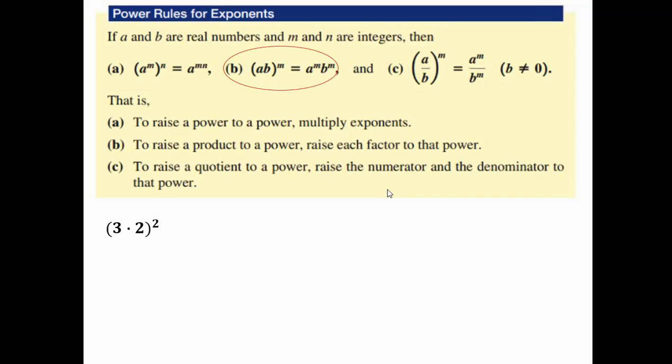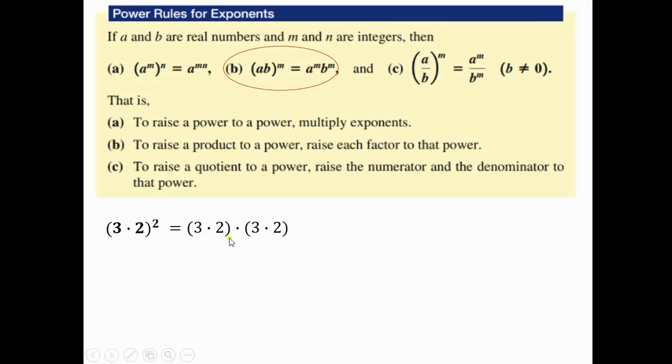So, 3 and 2 are some of my favorite numbers to use because we're all familiar with the multiplications of these particular numbers. So I really like to use these numbers. Anyway, we've got a product here, 3 times 2, the quantity 3 times 2 raised to the power of 2. All right, so let's just use, again, our basic rule of exponents, which is when we have a quantity to a certain power, that means we take that quantity times itself that many times.